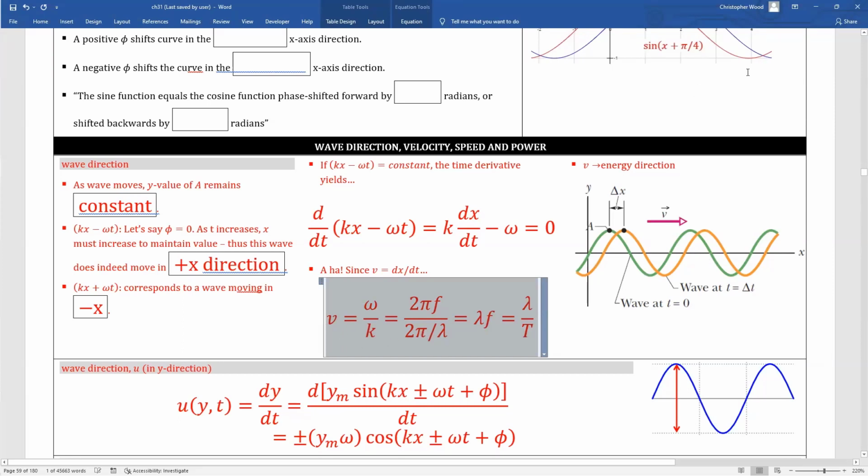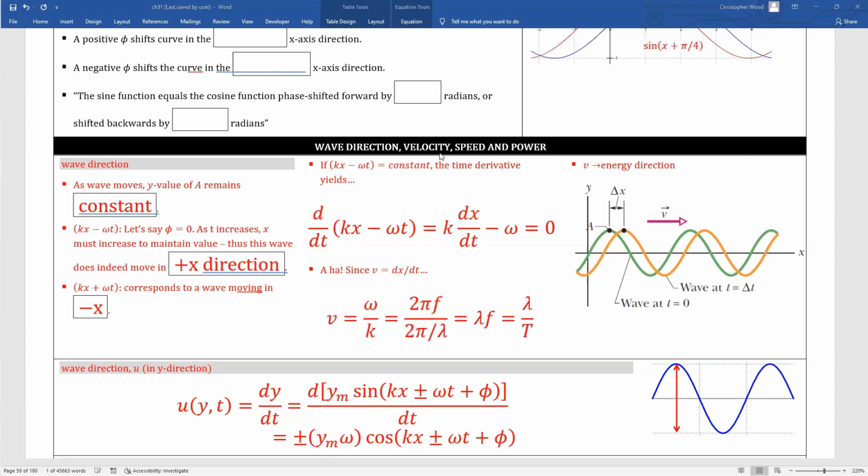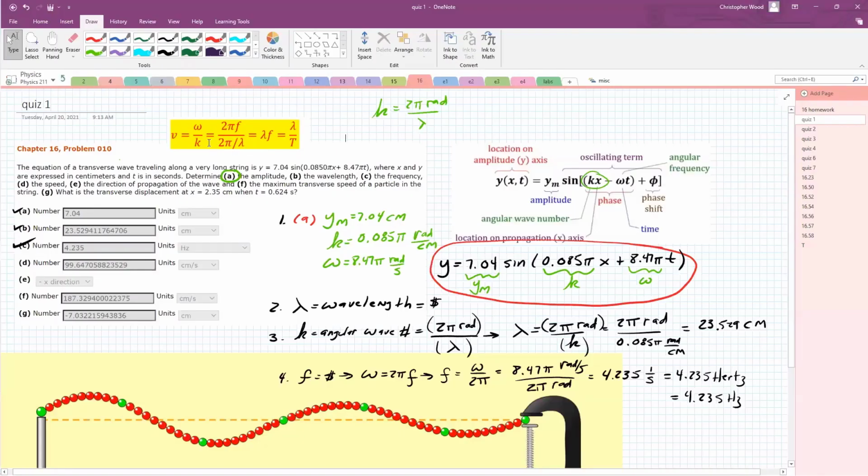Generically, you have three different expressions for velocity that all mean the same thing. In this yellow highlighted box, I have v equals omega over k, or alternatively, v equals f times lambda, or alternatively, lambda over T. Those all are saying the exact same thing.